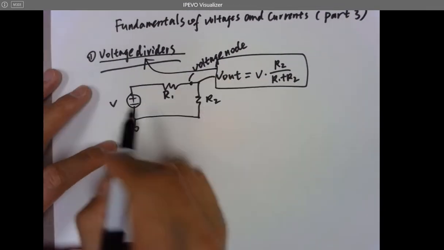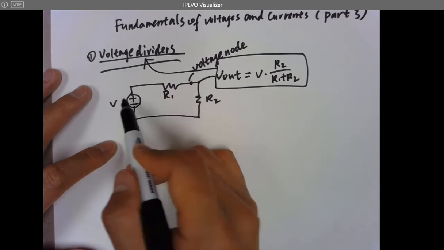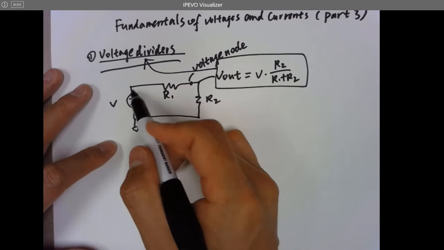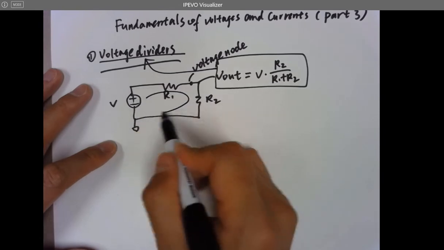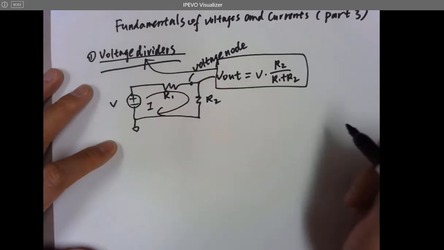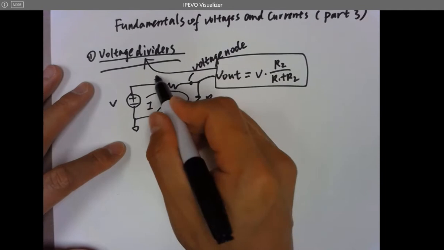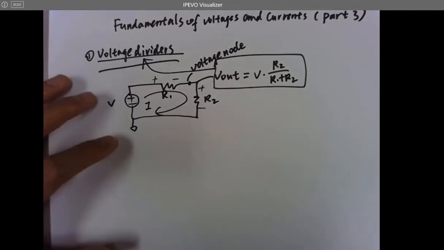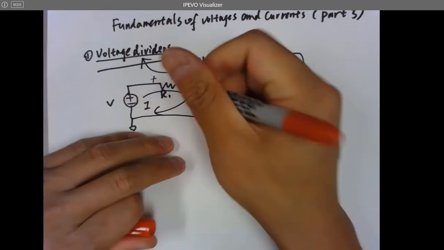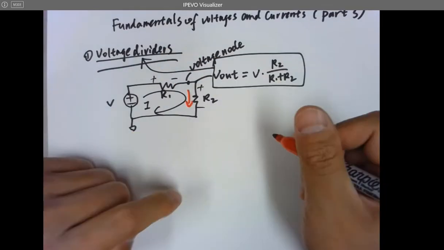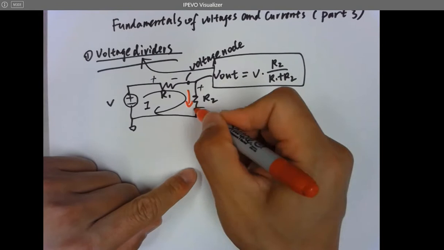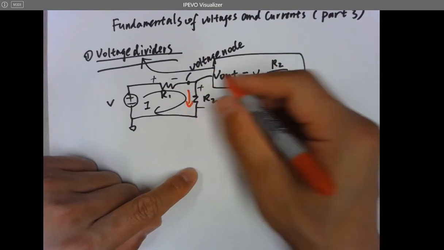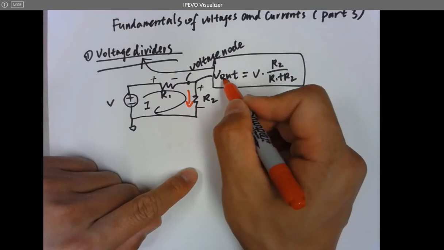Because you have 2 resistors and there's a battery in the circuit, it's going to pump current flow in this direction, and it's going to form 2 voltage drops. In R2, specifically, the current flowing through R2 is also I, so the voltage across R2 is exactly VL. Why is that?